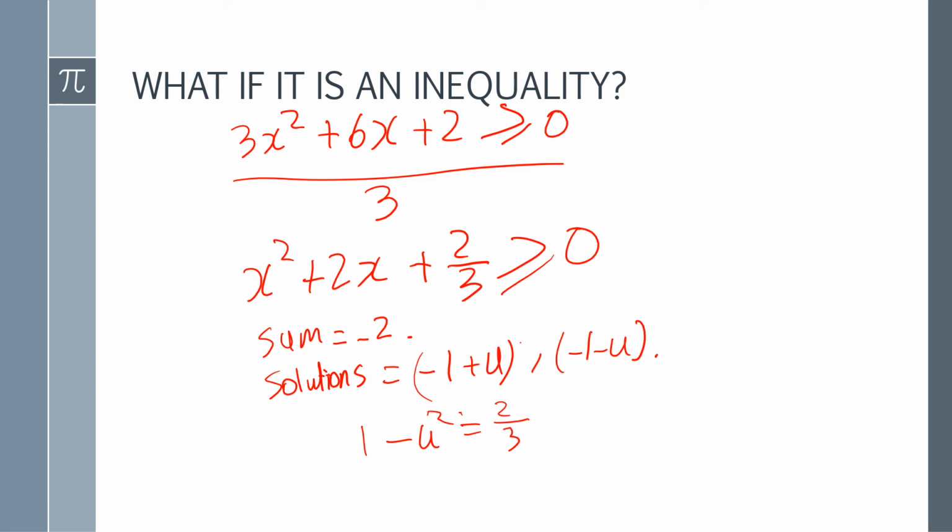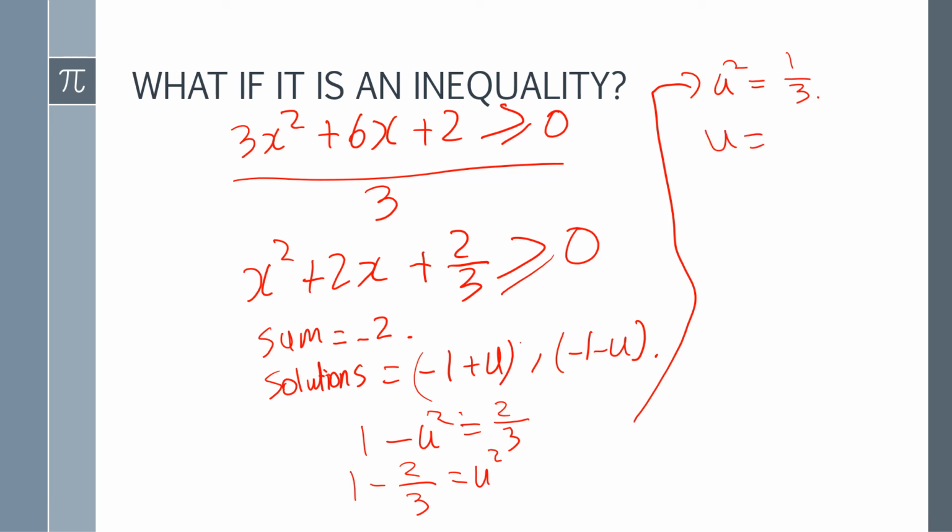Let's just put an equal sign, and then at the end we can change it into an inequality. 1 minus 2 divided by 3 equal to u squared, which is going to give us u squared as 1 divided by 3, and then u is going to equal 1 divided by square root of 3. If you rationalize it, you're going to end up with square root of 3 divided by 3, and that is the value of u.